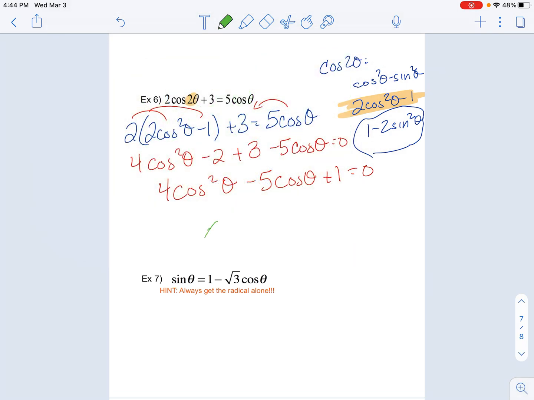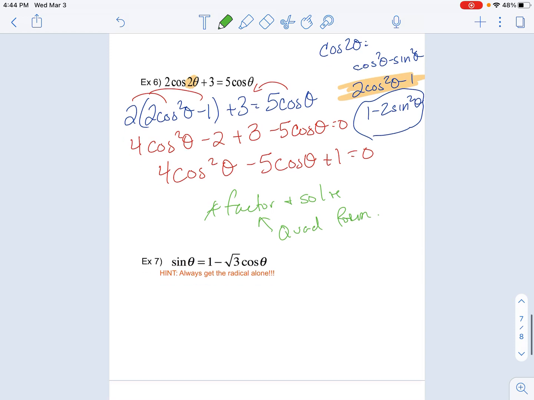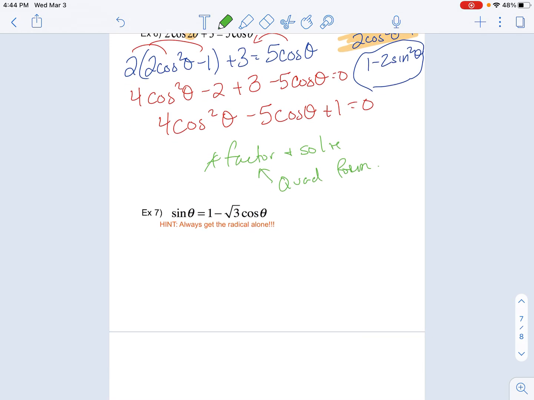And now this turns into a factor and solve problem. If it doesn't factor, we also can use the quadratic formula. And again, I'm not going to continue this one because we've already done that. We know how to factor it or do quadratic formula and then solve from 0 to 2 pi on this one as well.